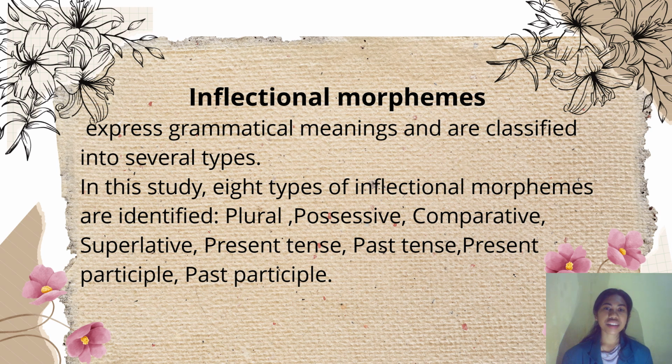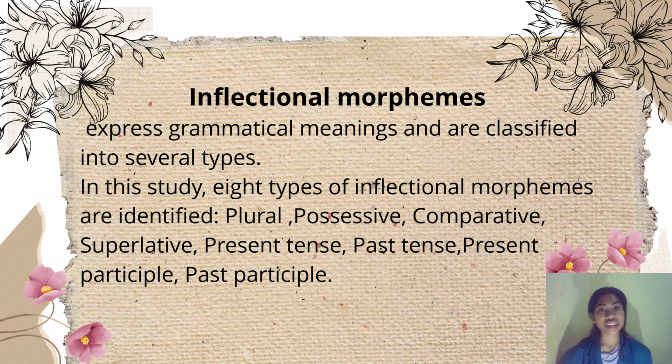Here we move to the next slide, and we would like to discuss a new topic. It is inflectional morphemes. It is one of the types of bound morphemes. Inflectional morphemes express grammatical meanings and are classified into several types.